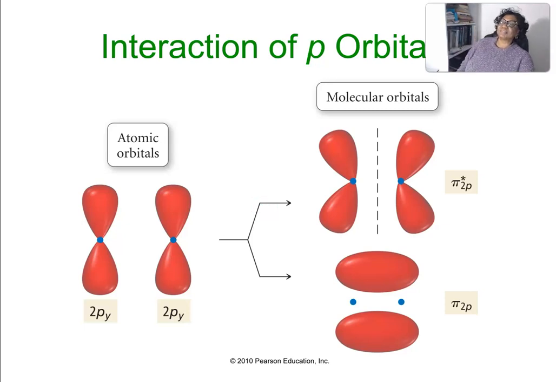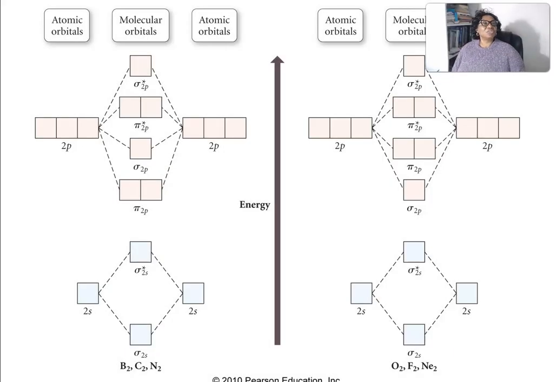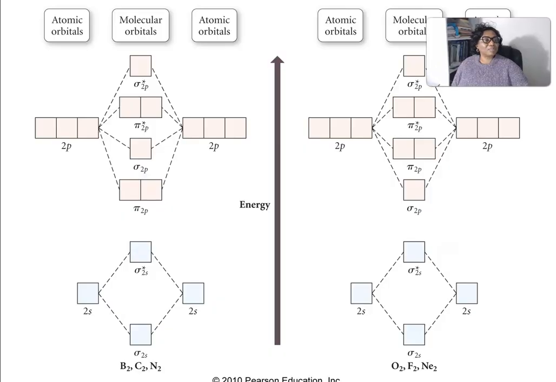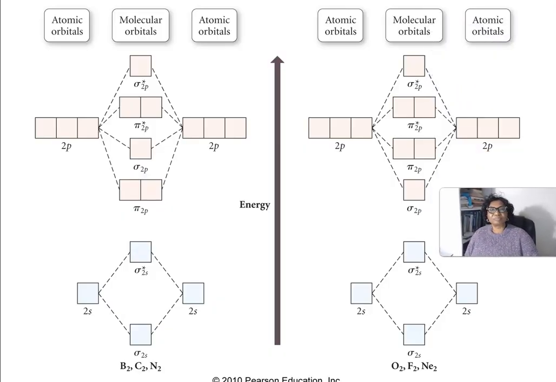So let's look at the orbital diagram, including the p orbitals. These are the atomic orbitals from the 2 atoms. Then this is the molecule.